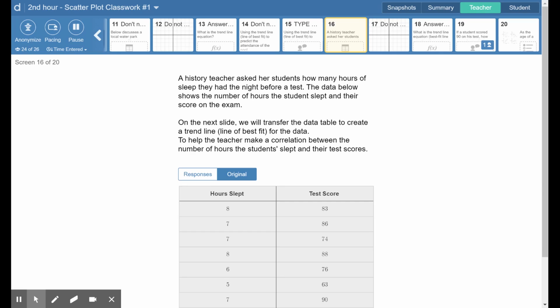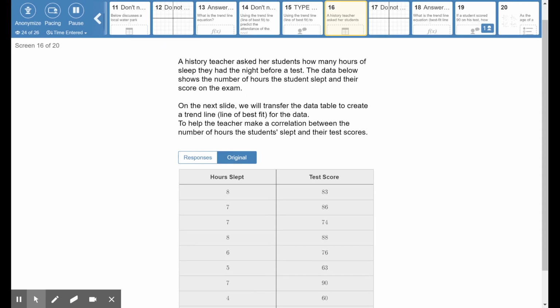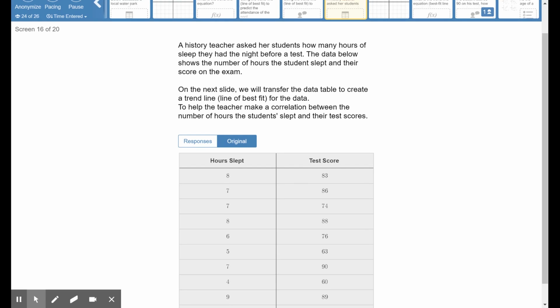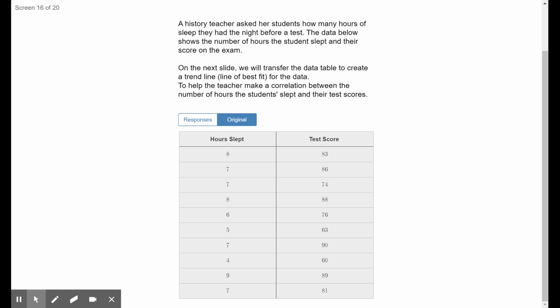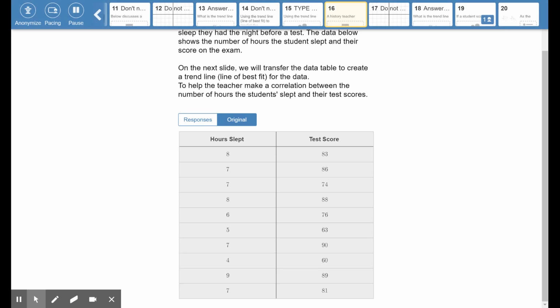On the next slide, we will transfer the data table to create a trend line, or a line of best fit for the data, to help the teacher make a correlation between the number of hours a student slept and their test scores. So I recommend taking a picture or just going back and forth, because you're going to be transferring this data table to slide number 17.